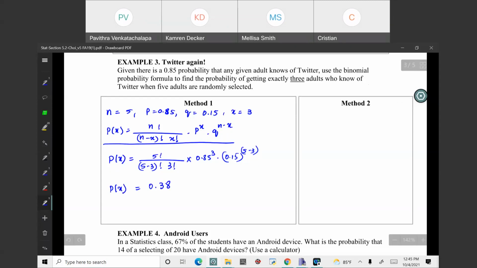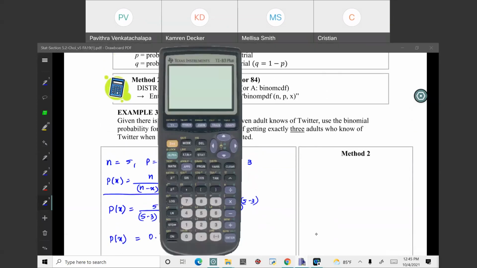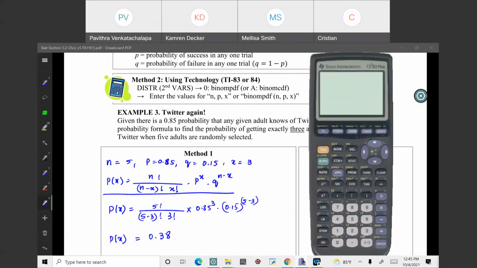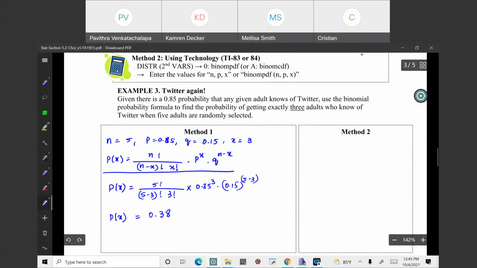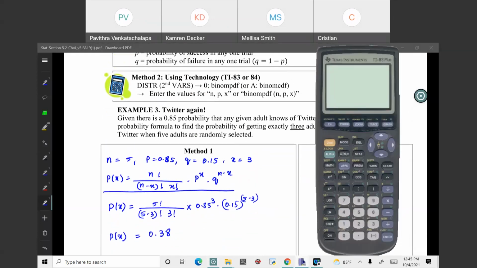Okay, now method 2, using a calculator. This is a virtual TI-83 Plus. You can also use an 84 or Casio. So how can we find the same thing, the binomial distribution, here? Now click on second.